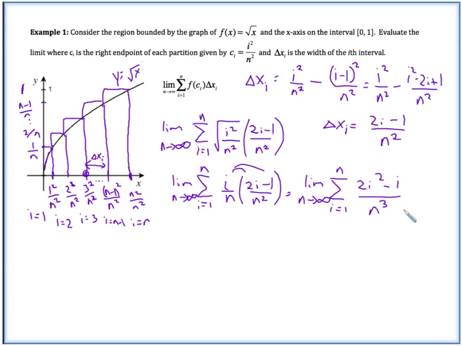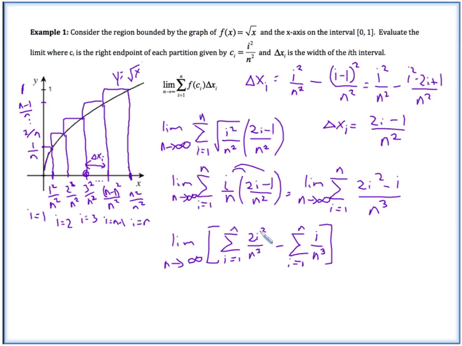Okay, now let's go ahead and figure out this sum here. And we're going to do that, of course, by splitting these two up here. So we'll have the limit as n goes to infinity of 2i squared over n cubed, and then minus i over n cubed.